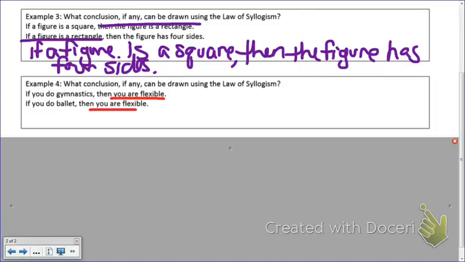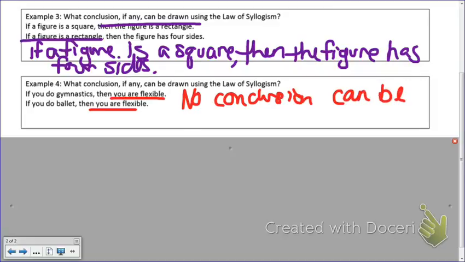Since one is not a hypothesis and one is not a conclusion, we cannot draw a conclusion based on the law of syllogism. So no conclusion can be drawn using LOS, or the law of syllogism, since my conclusion does not match a hypothesis. They are both conclusions.